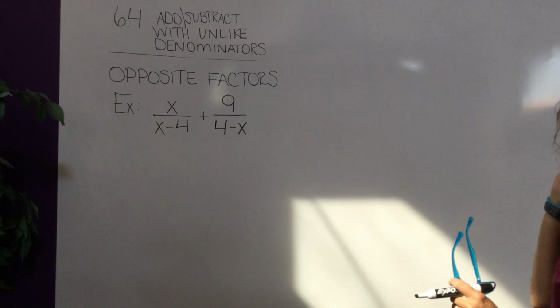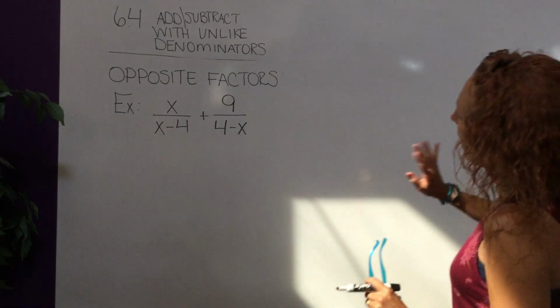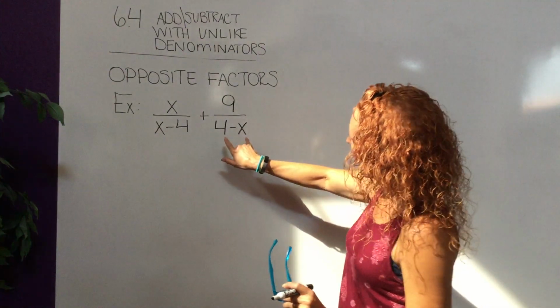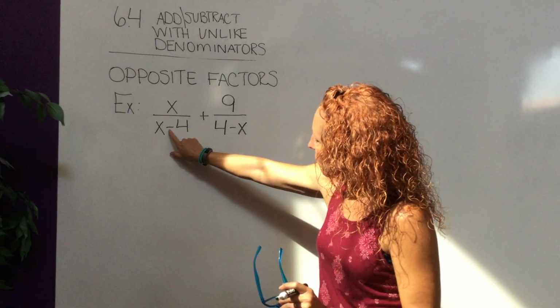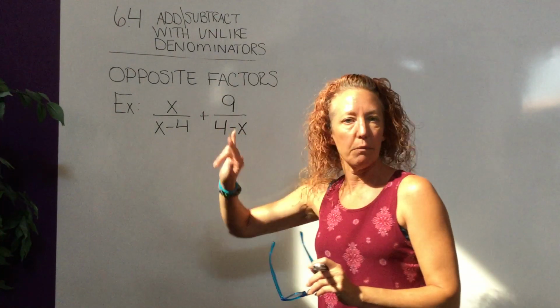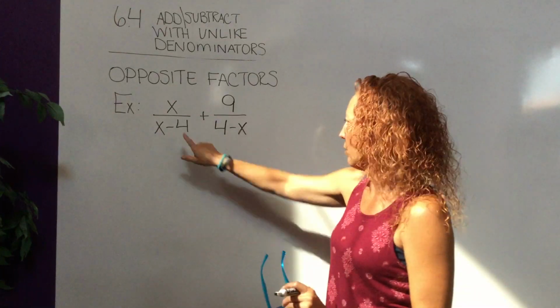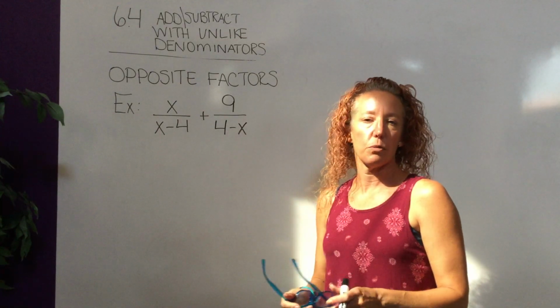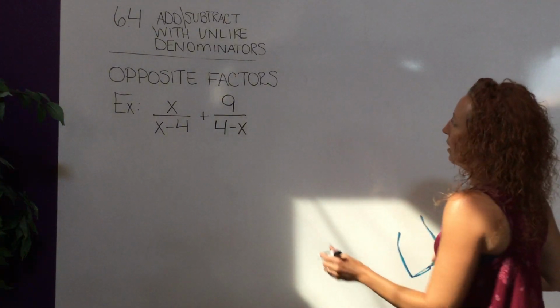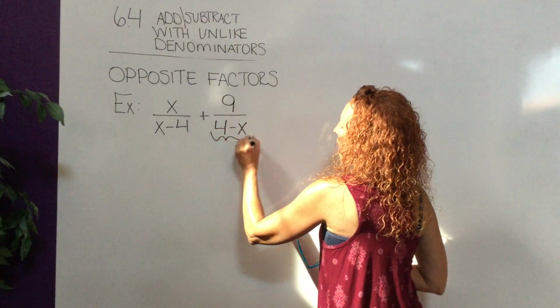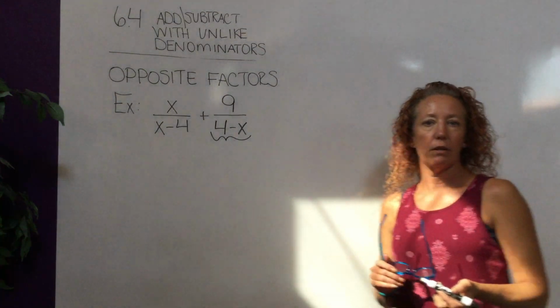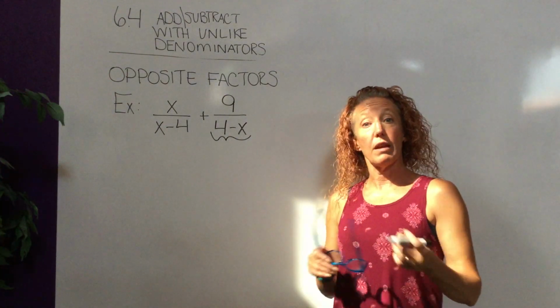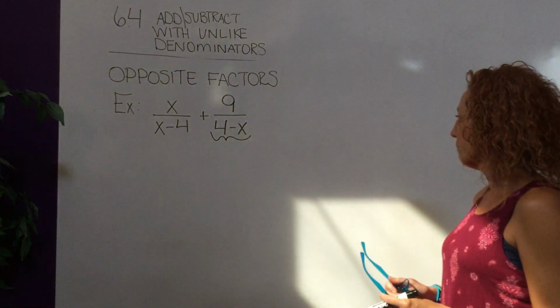This works a little bit differently. Same idea, but it's going to have a little bit of a different impact. So you can see here that these two are almost the same, but once again, they're switched in order. So here the negative goes with the 4, and here the negative goes with the x. And so the idea is that you would like to create a situation where that would match, where they would be the same factor.